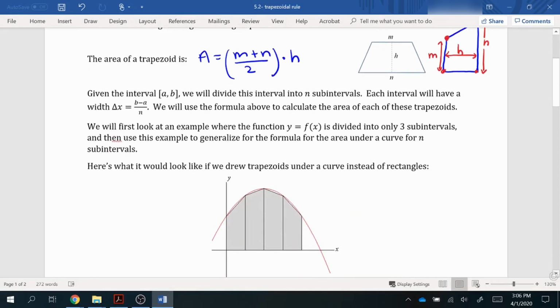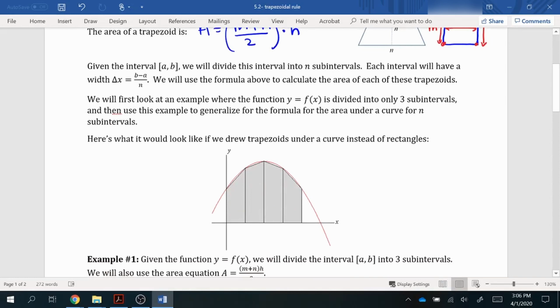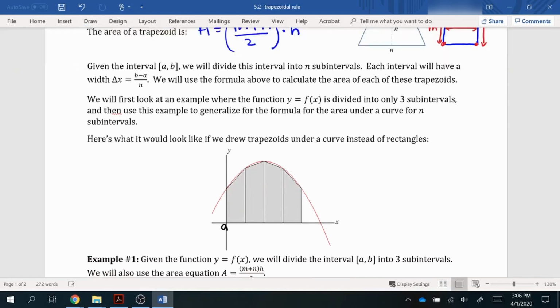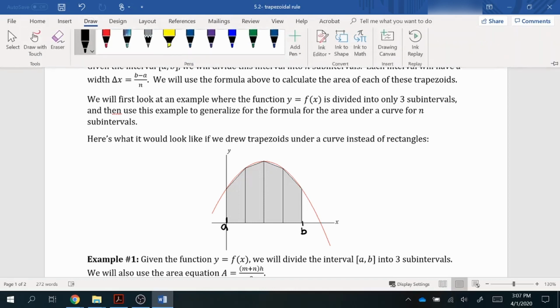So if we were looking at a curve, say below, and we wanted to go from some point A up to some point B and find the area under that curve, our delta x is found the same way as it was with rectangles, b minus a over n, where n is the number of trapezoids.